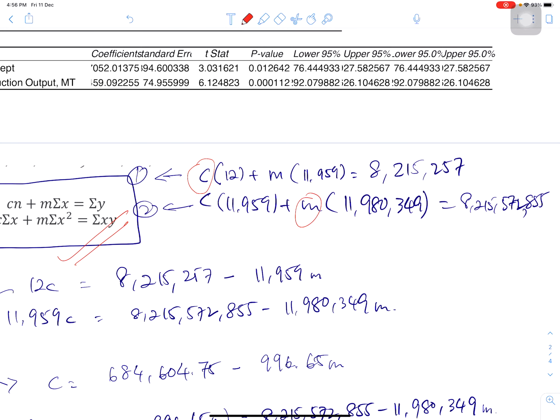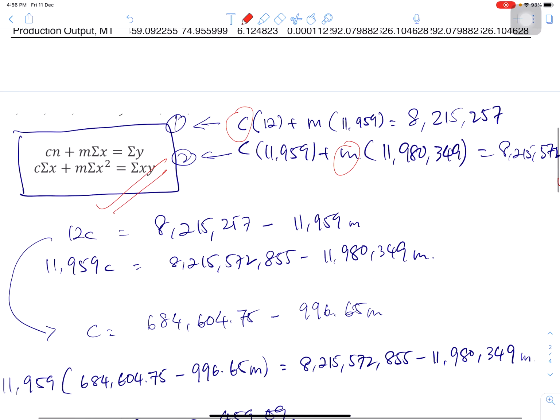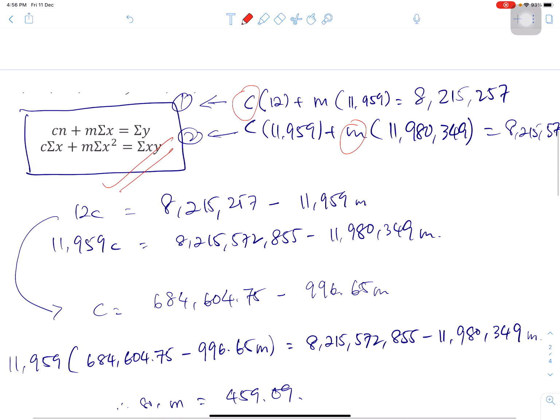When you put in the values, you get these equations, and next you arrange them to make it easier for you. For example here, 12C equal to 8 million something plus 11,959 M. So another equation is this.